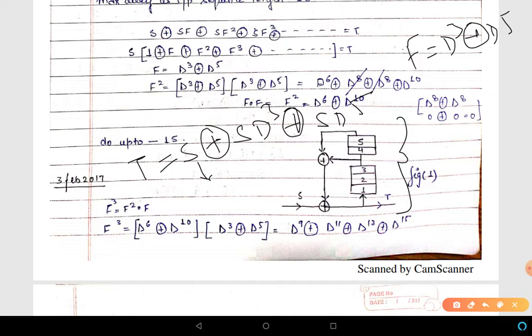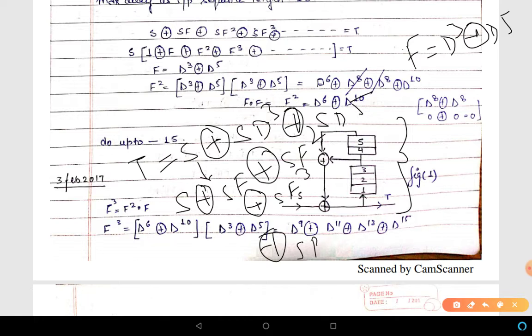So that is why it is s XORed with sd cube XORed with sd5, and I can say this is s XORed with sf, and if this process keeps going I can write this as XORed with sf square, XORed with sf cube, XORed with sf4, and so on.